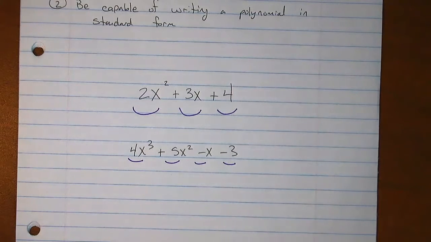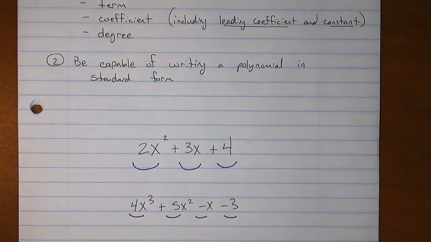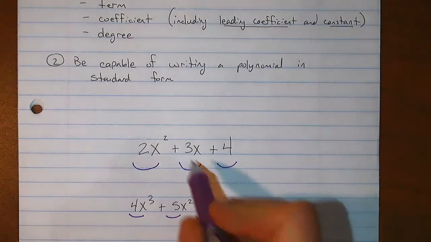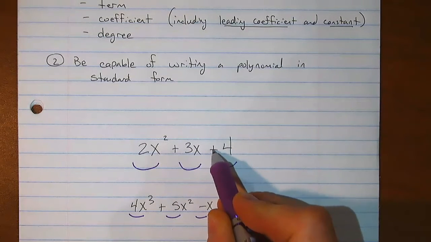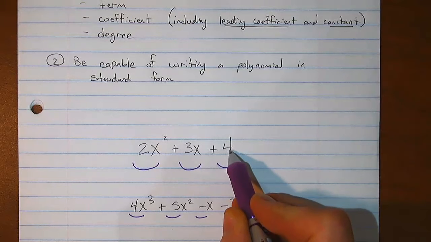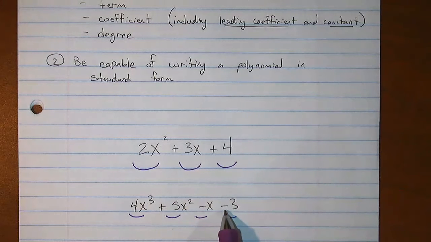Okay, now one thing to make sure that you're clear with as far as terms are concerned, the sign in front of the term goes with the term. In other words, if I start with this one back here, the sign in front of it is a plus, so this is considered to be a positive term. Similarly, this is a positive term. This one down here, though, is a negative term, as is this one, a negative term.